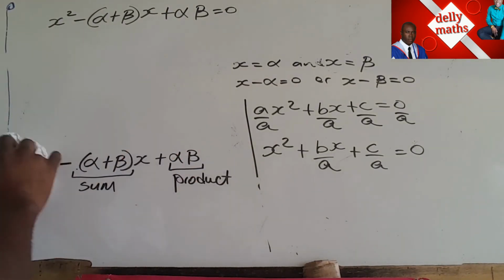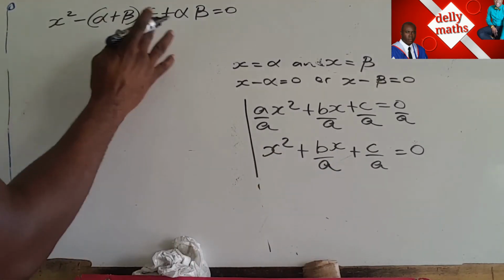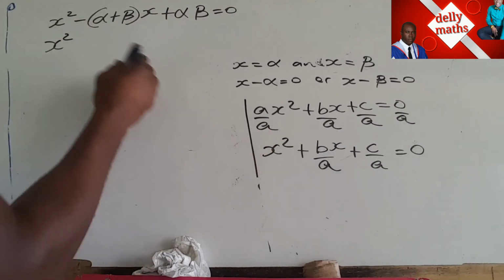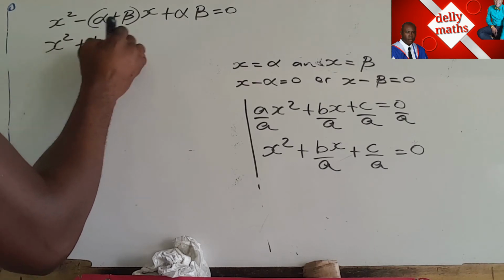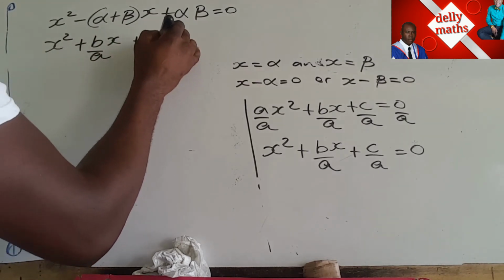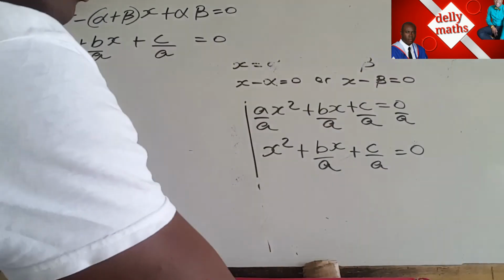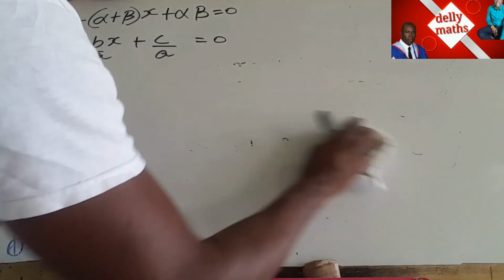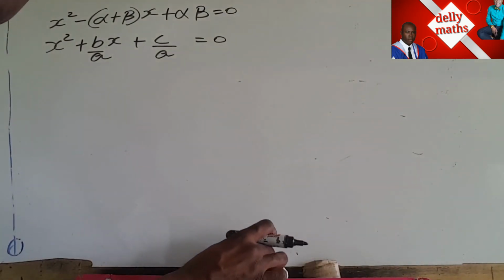And then let's put this part underneath it just to compare the two. So I'm looking at x squared, and then we have plus bx over a plus c over a, and it's still equal to 0. So there it is. Let's look at what's going on for the relationship now quickly.